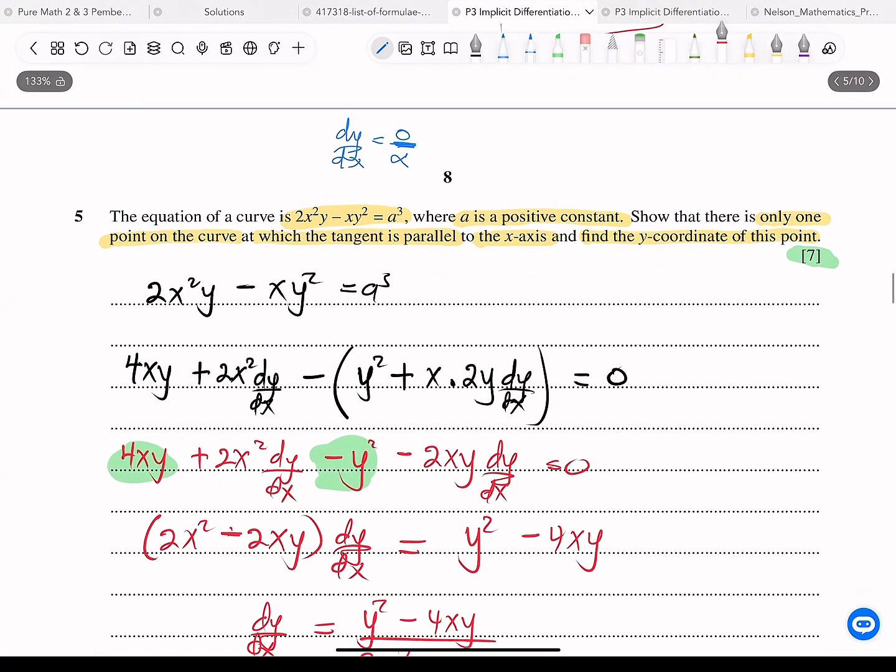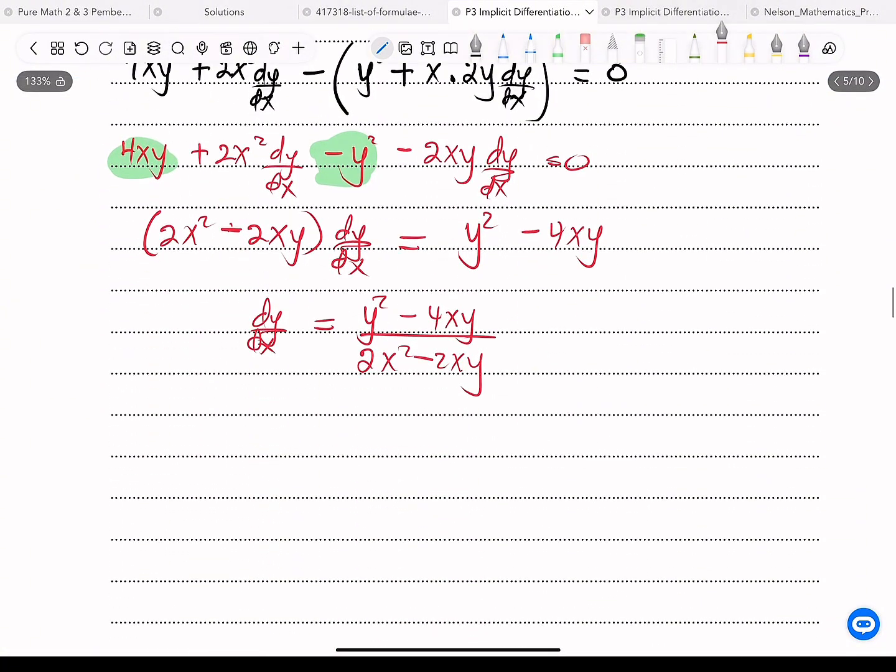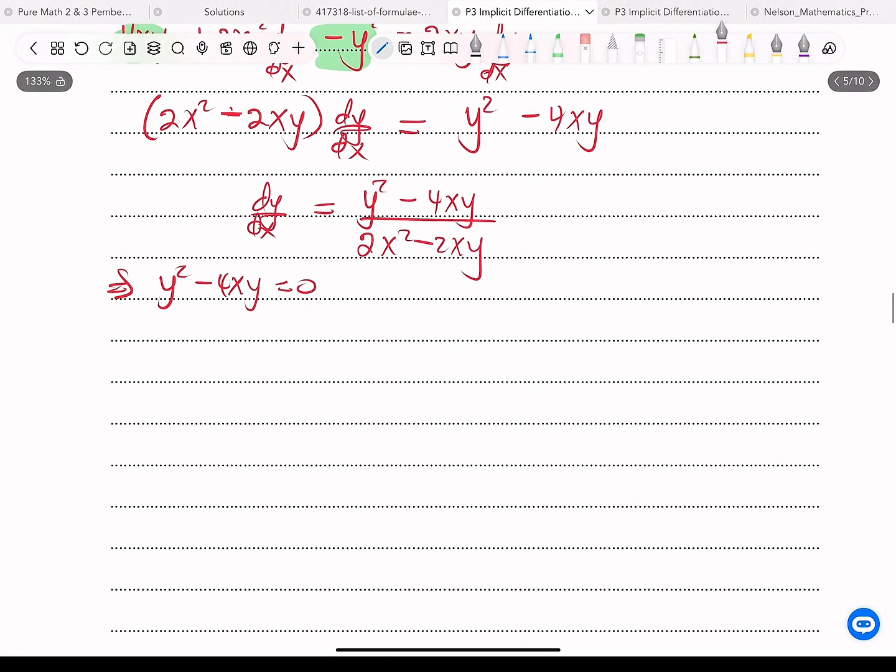Like we said, the numerator must be equal to 0. So we know that y squared minus 4xy is equal to 0. Don't divide through by y. Just factor y out. So you have this is equal to 0. And so we know y is equal to 0, or y minus 4x is equal to 0.